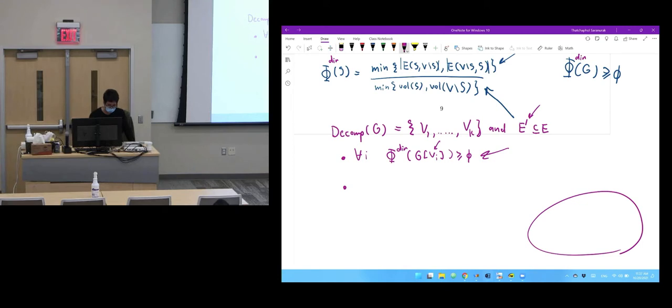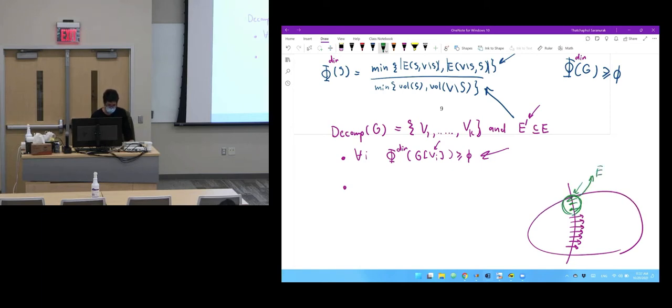Like when we find a sparse cut, if it is sparse because of this direction, then this thing will be included into E prime.